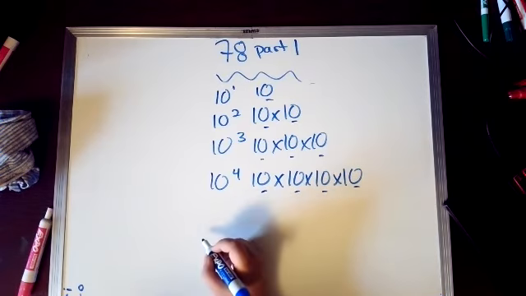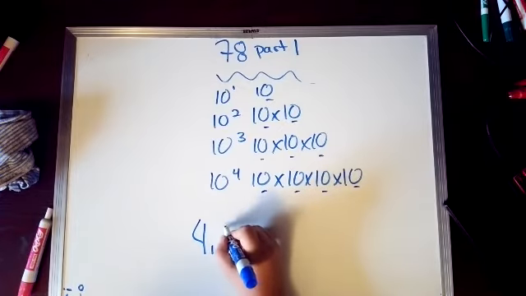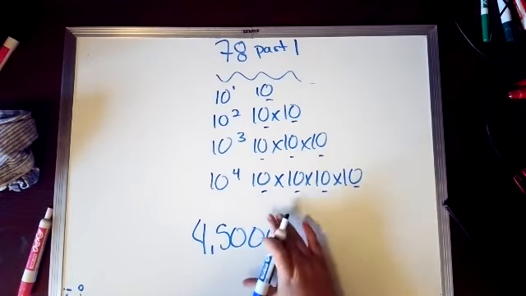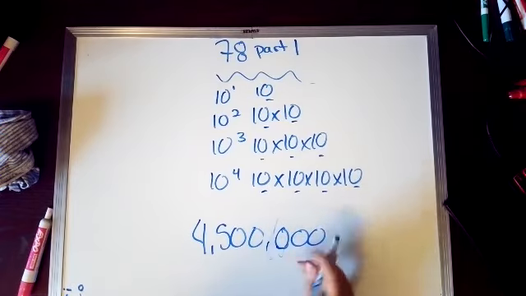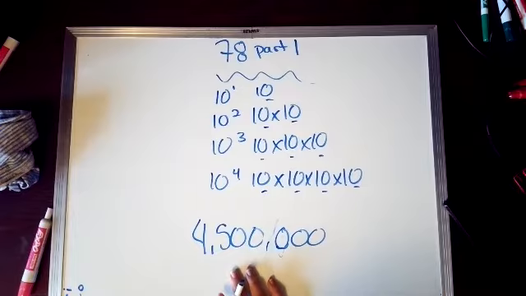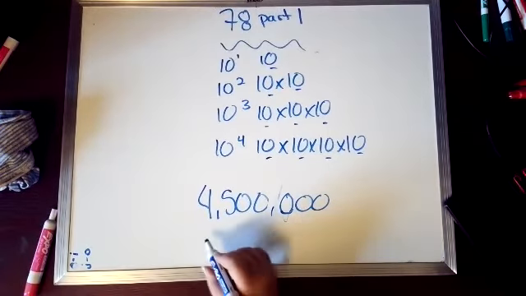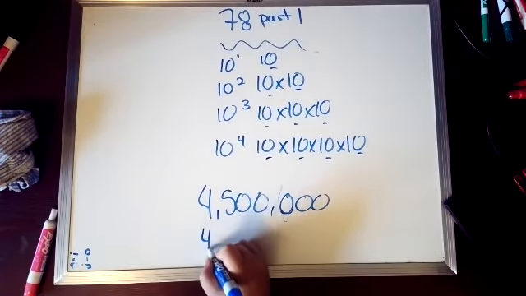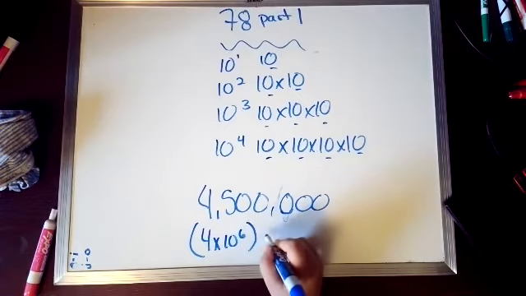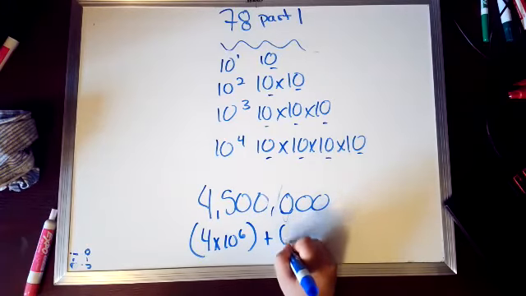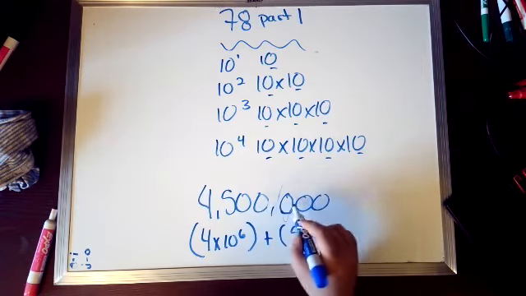So when we look at that, we could say things like 4,500,000, and if we're writing this in an expanded notation, instead of writing 4 million or 4 times 1 million, what we can do is write 4 times 10 to the power of 6, add 5 times 10 to the power of 5.